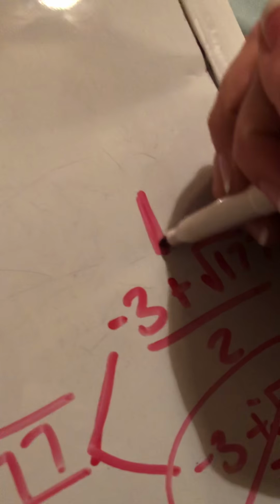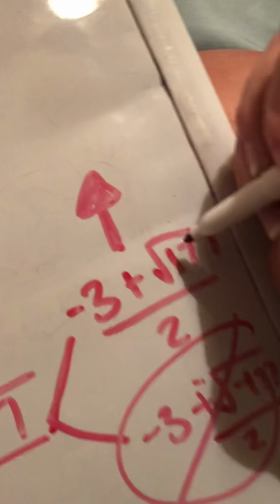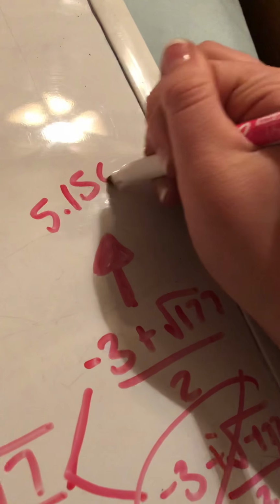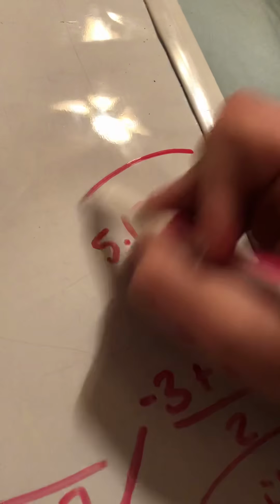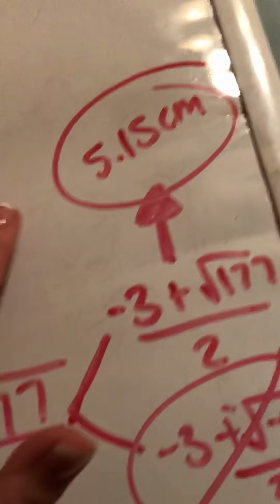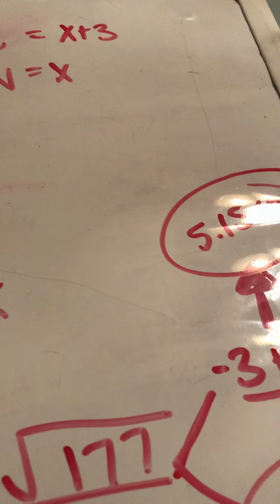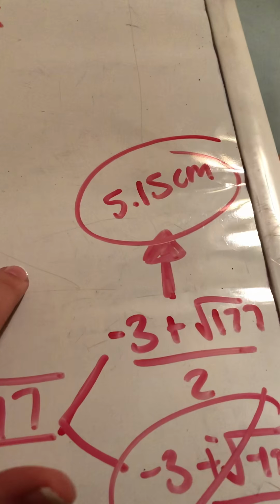You solve this one right here, and you get 5.15 centimeters. So there's your answer, and you would put this in sentence form. I'm not going to write a sentence because of time with recording. We would just say the width of the rectangle is 5.15 centimeters.